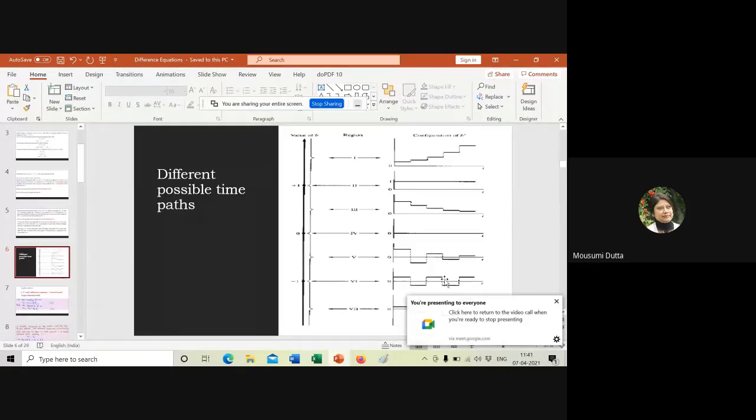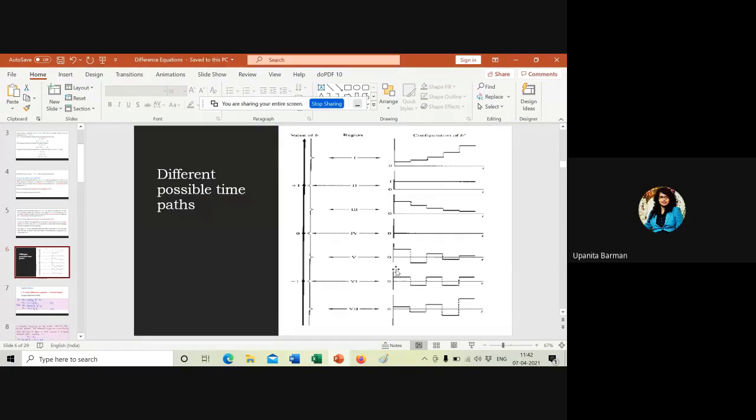Okay, so by now, I hope everybody got this diagram from Chiang. What are the possibilities? Last day, we also discussed some of the possibilities. Even today, we discussed some of the possibilities. However, this is a very good diagram of different possible varieties of time path from Chiang. So everybody got this in Chiang? You checked Chiang? Yes, ma'am.